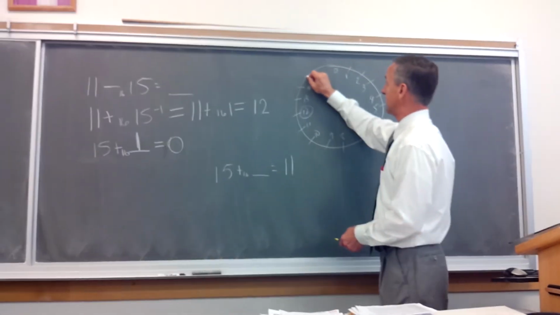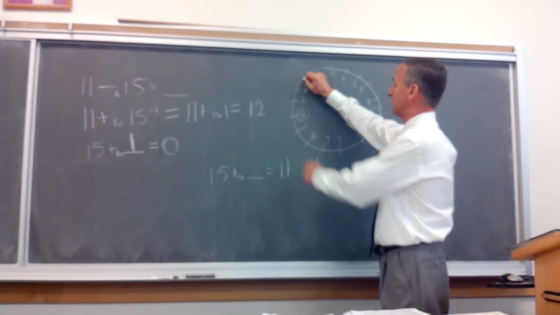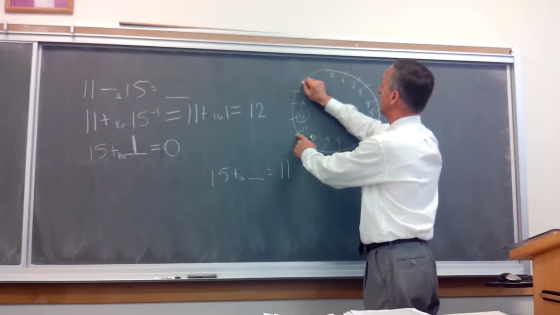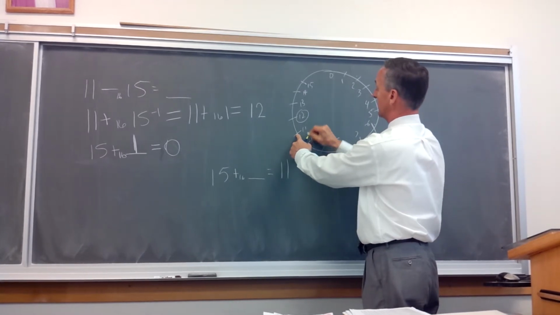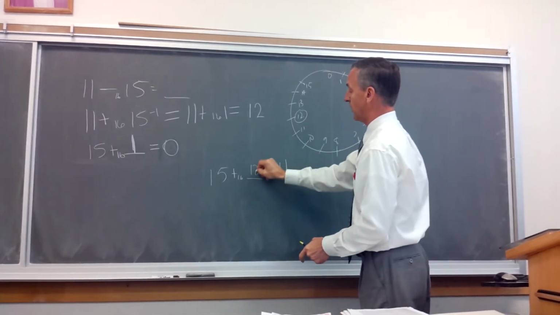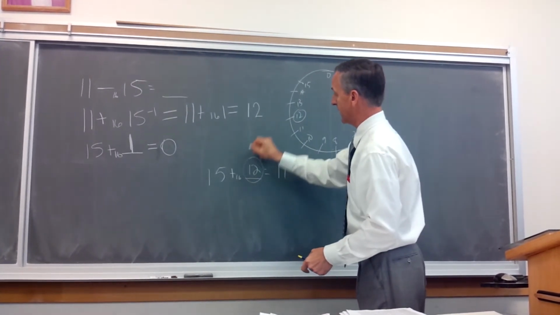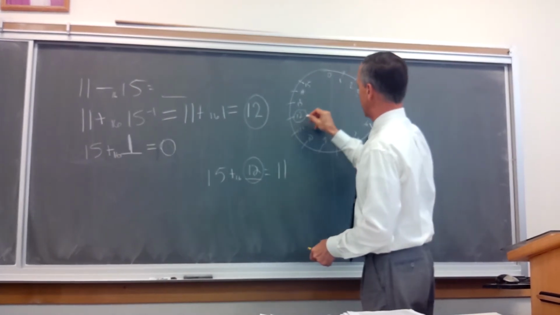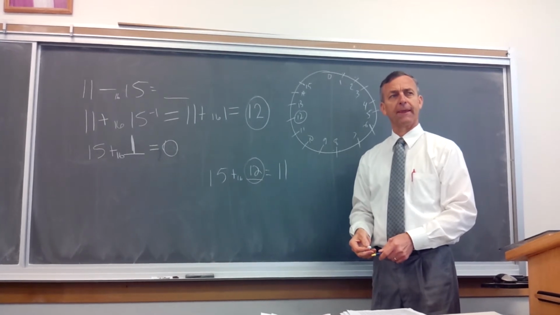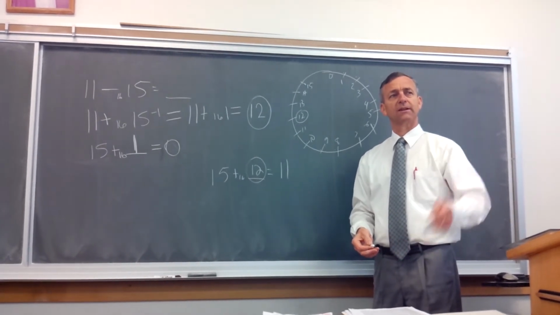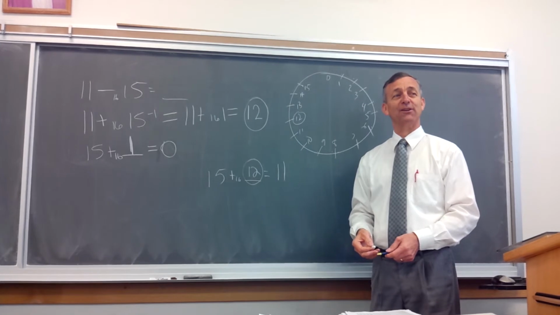I'm at 15. What am I going to need to do to get clear to 11? Well, 1, 2, 3, 4, 5, 6, 7, 8, 9, 10, 11, 12. I'm going to have to go 12. So here's my answer here, here, and there, doing it all three ways. Okay?